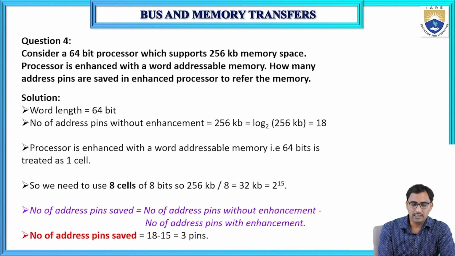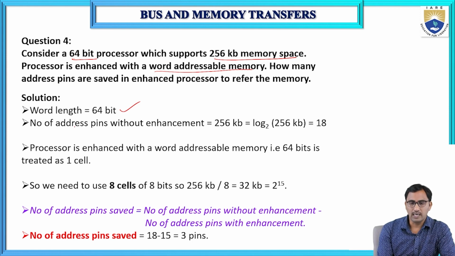Next one: consider a 64-bit processor which supports 256 KB memory space. The processor is enhanced with word addressable memory. How many address pins are saved in the enhanced processor to refer to the memory? So consider a 64-bit processor. That means the word length is 64 bits, which supports 256 kilobytes memory space.